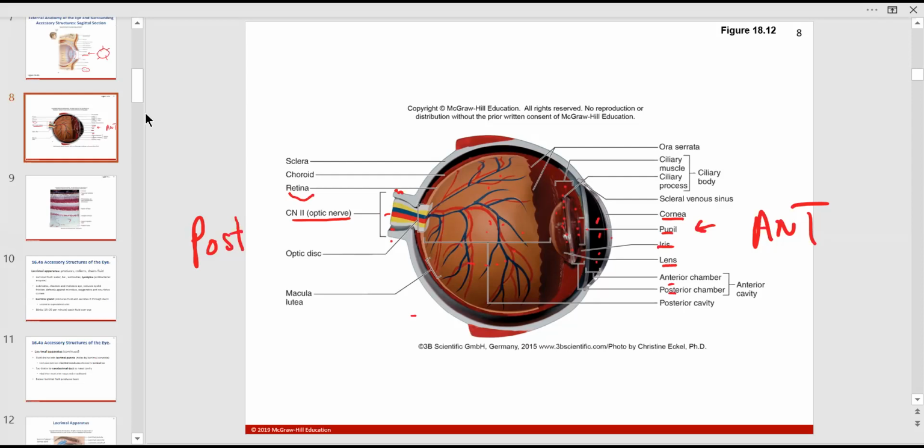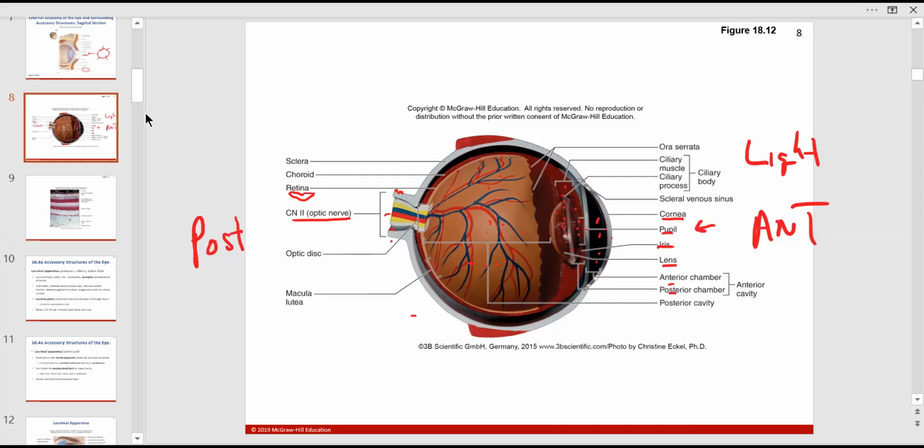Now, the retina is where you have your photoreceptors. Now, you remember receptors from A&P 1, how they pick up the sense, the stimulus. The stimulus is the light, right? Remember from the sun? The receptors are in the retina, and there are two types of receptors. You have rods and you have cones.